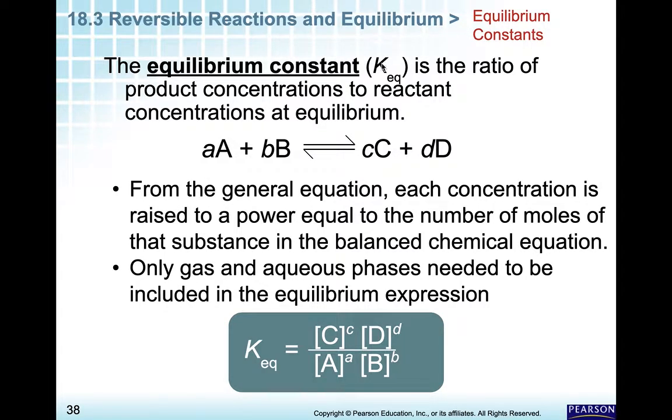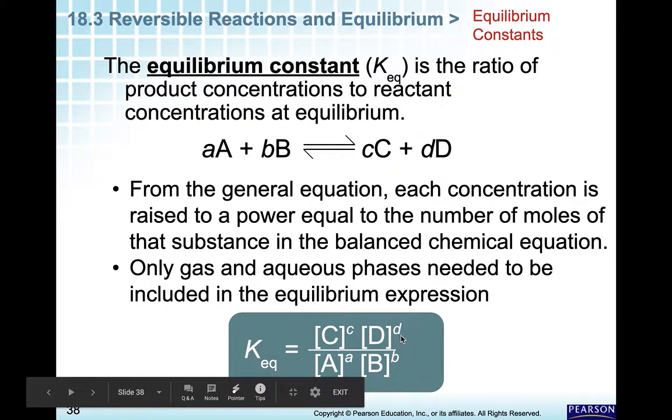The equilibrium constant is represented by K_eq, the constant at equilibrium. Like I said, it's the ratio of product concentrations to reactant concentrations at equilibrium. The way we write this is as a fraction. We put our products on top, reactants on bottom. Notice a couple things about this. One, everything is in square brackets, because remember, putting something in a square bracket means we want the concentration of that substance.